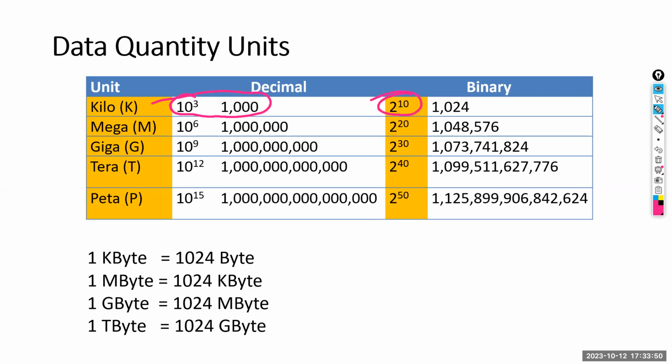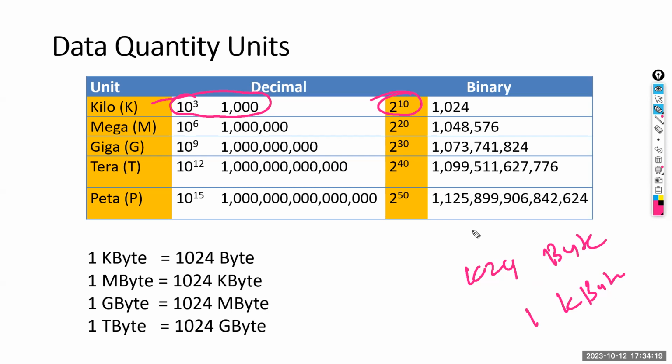So when someone says kilo, it is 1024. For example, if you have 1024 bytes, we can say 1 kilobyte. This is very important. It is not 1000, it is 1024. Of course, this is roughly equal to 1000, but exactly 1024.